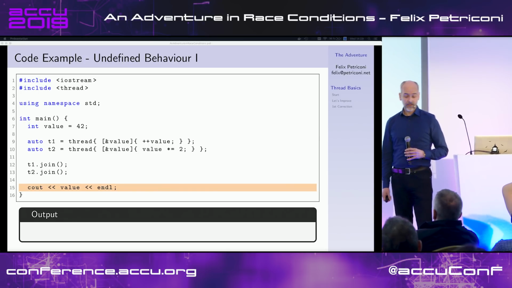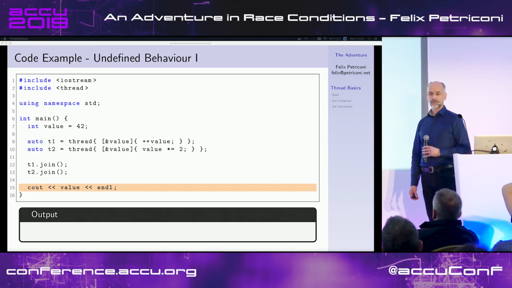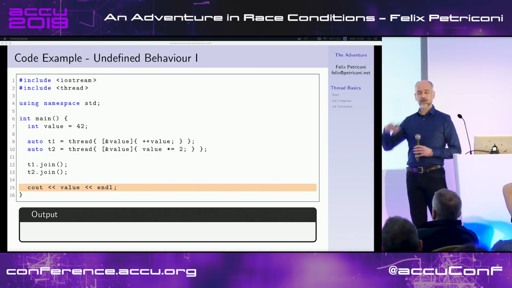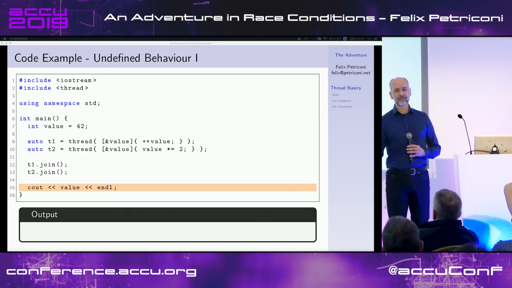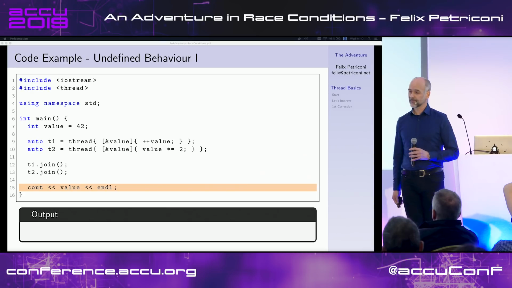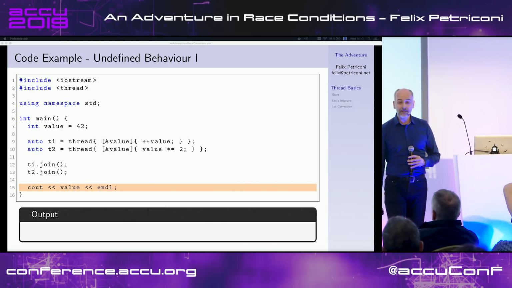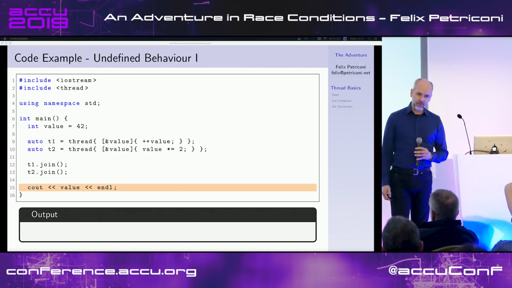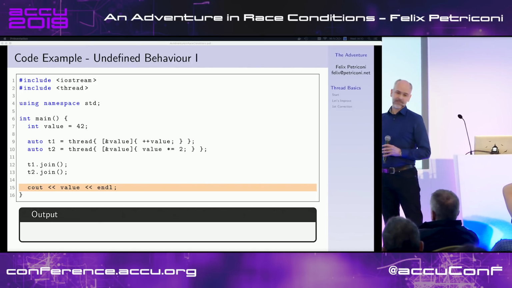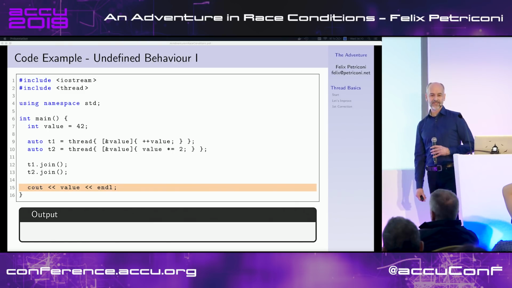Pardon? Yes, 43 is one of them, but there are more. Could you speak up a little bit louder? Every number is probably correct. 85 is correct too. Yes, but you can run this program on your machine, and on my machine, I got 4 results.